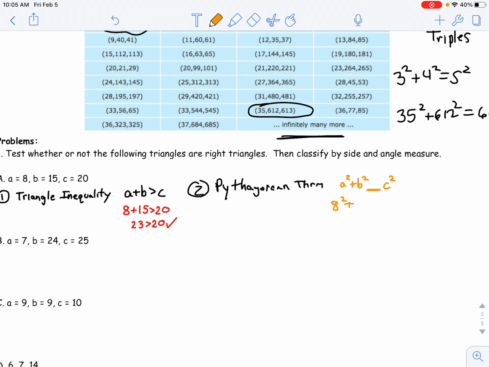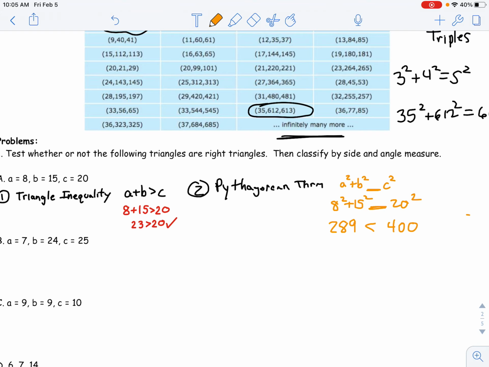We're going to have 8 squared plus 15 squared, and we're going to compare it to 20 squared. All right, doing some bashing in my calculator off screen. 8 squared plus 15 squared is 289. 20 squared is 400. All right, so I left it blank. Now I can identify, well, 400 is bigger than 289.